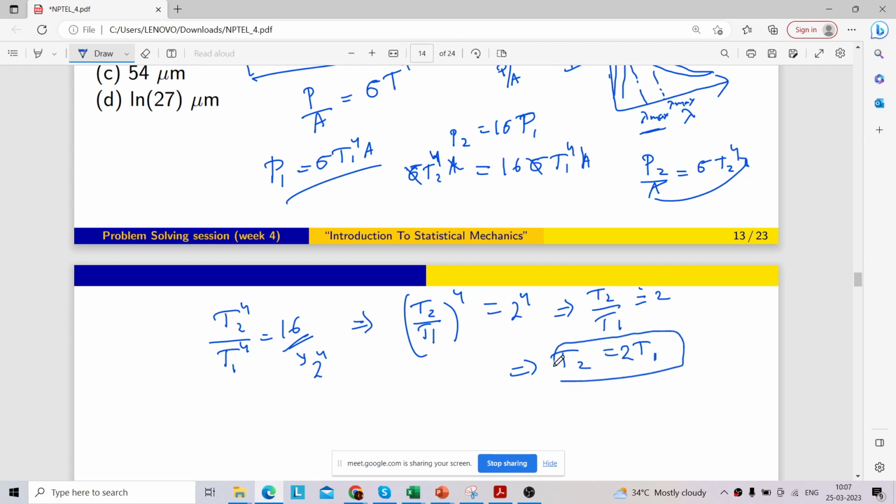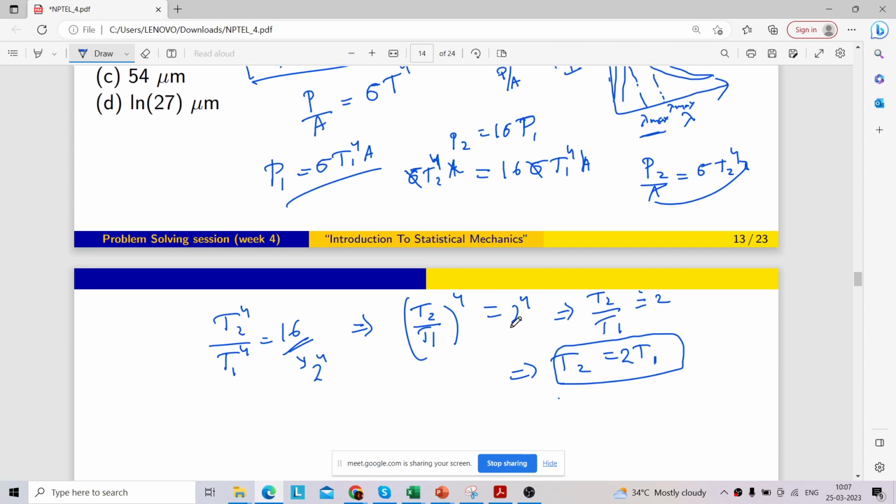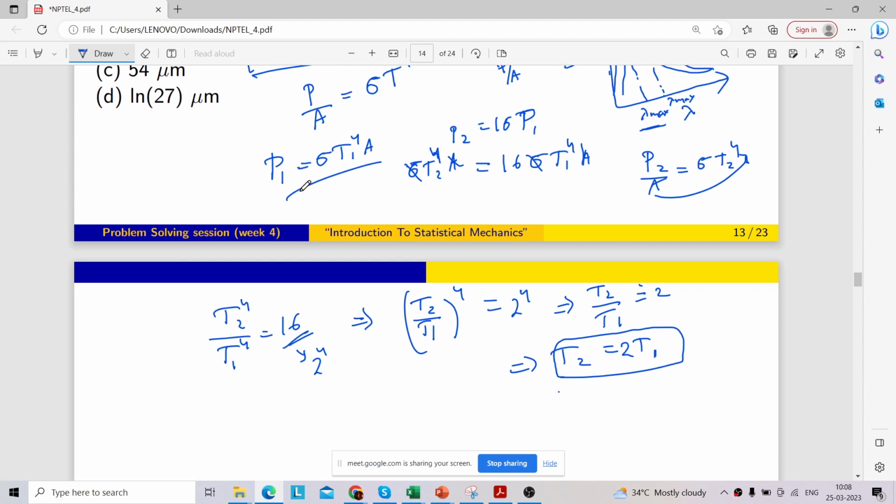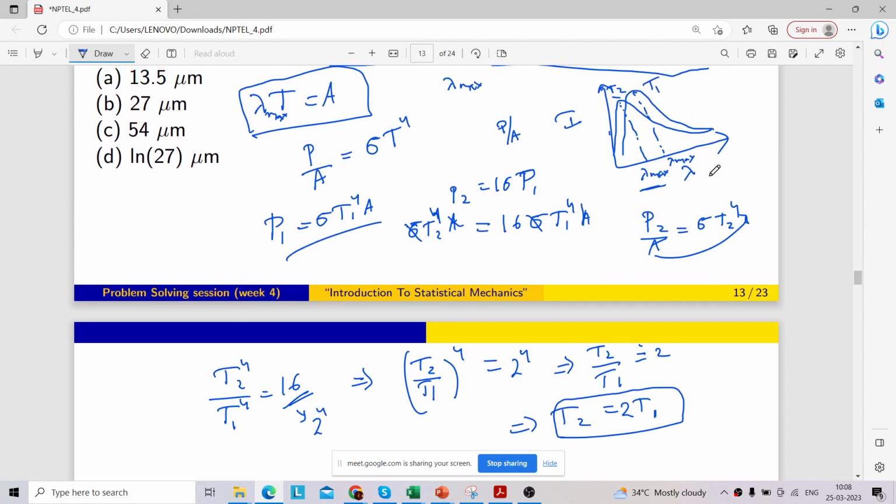I got the temperature relation, right? Then it's easy to get the maximum lambda now using Wien's displacement law. Up to this you understood, right? I was given the initial power and final power, then I have to find the maximum lambda.